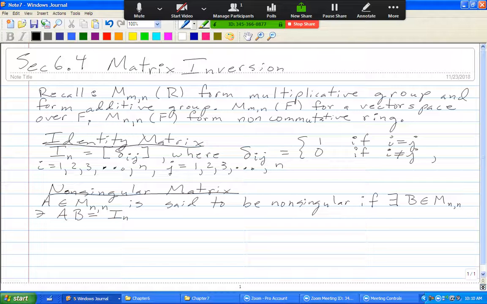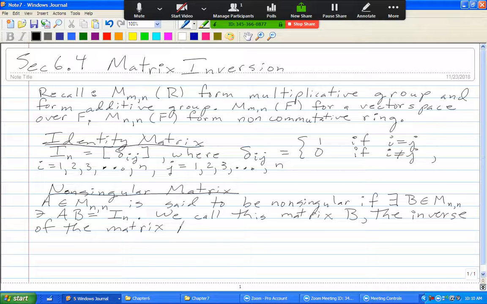So we call this matrix B the inverse of the matrix A, and it is usually denoted by this little superscript here.